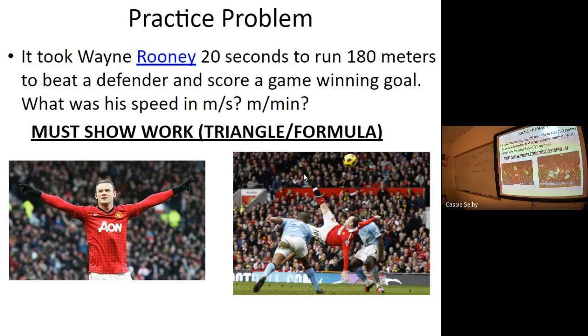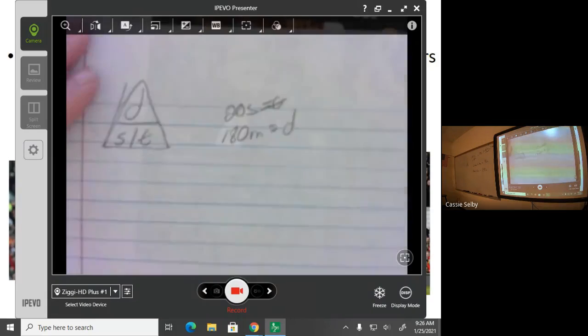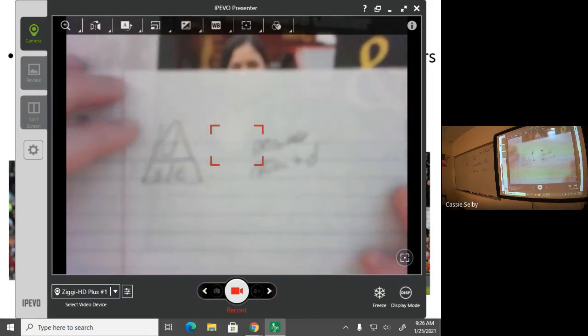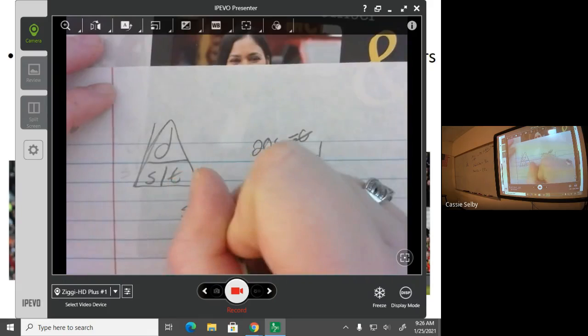And then it says 20 seconds is equal to time, and 180 meters is equal to distance. So looking at my paper here, you see I have those things written down, and I'm looking for my speed. So I want to know what S is equal to.